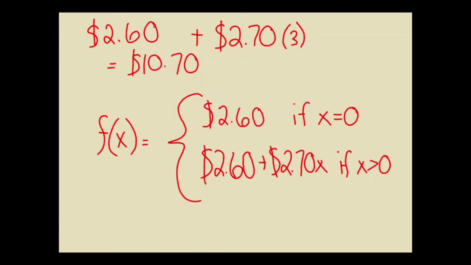So if we take the second prong from our piecewise function, you can see that using the 3 miles for x, we would get the same amount it would take to take a 3-mile trip.